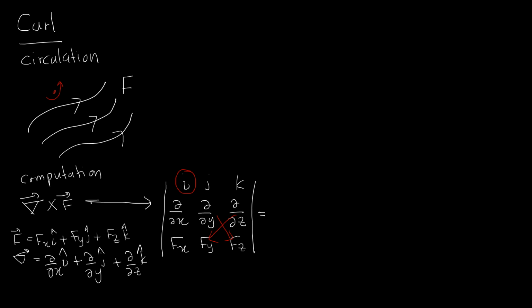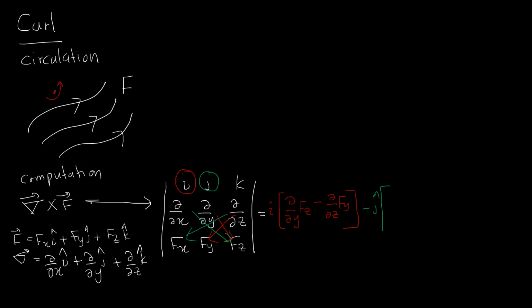So the i-th term will be ∂/∂y Fz minus ∂/∂z Fy, and for the j-th component I will write here minus j, and I will take these two terms.